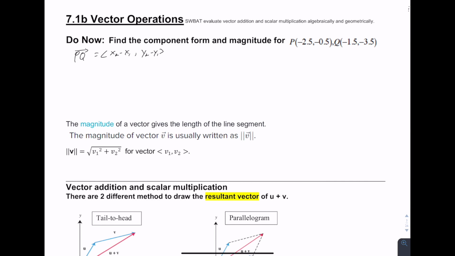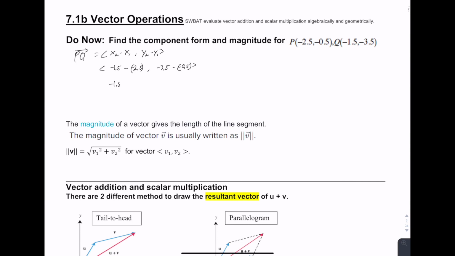So this ends up being, with the symbol, negative 1.5 minus negative 2.5, comma, and then y2 would be negative 3.5 minus negative 0.5. I put these in parentheses to make it easier to see. And so then we combine like terms.